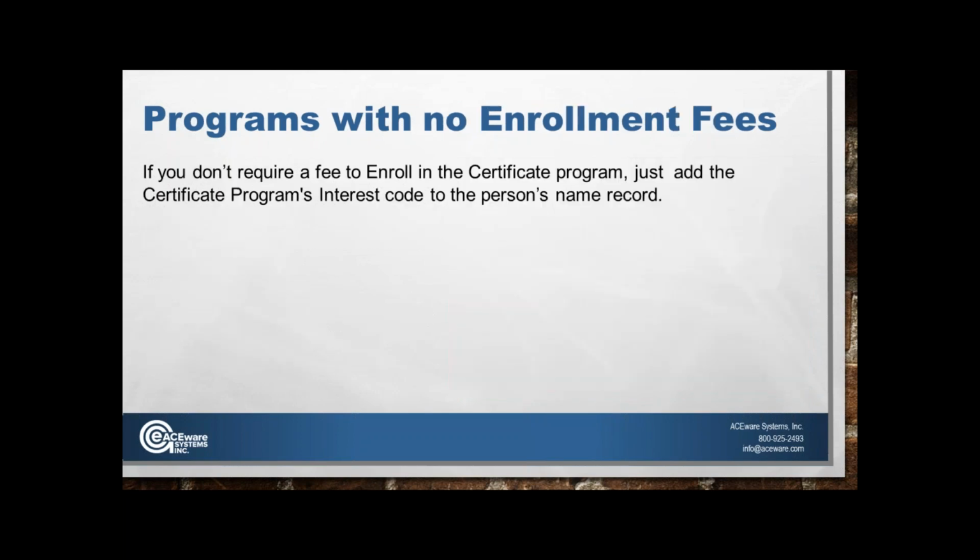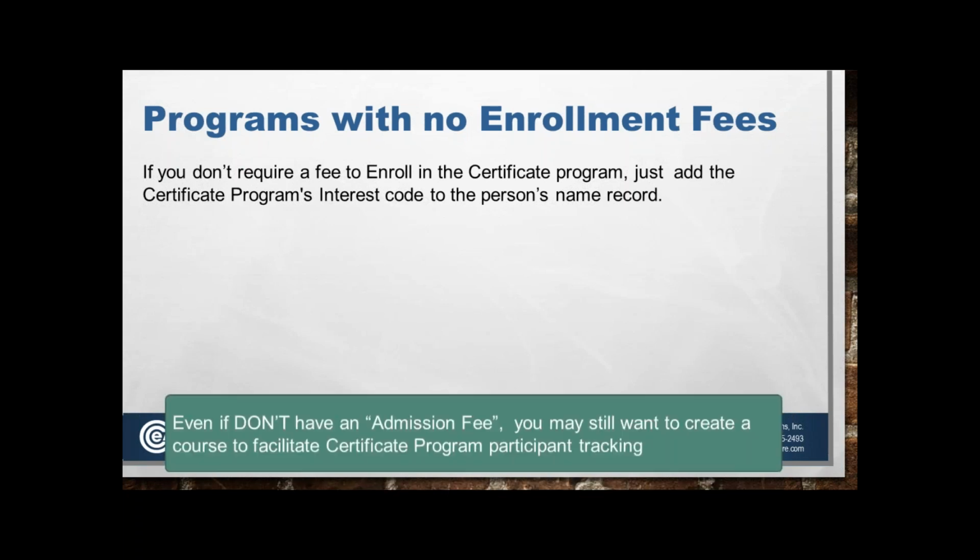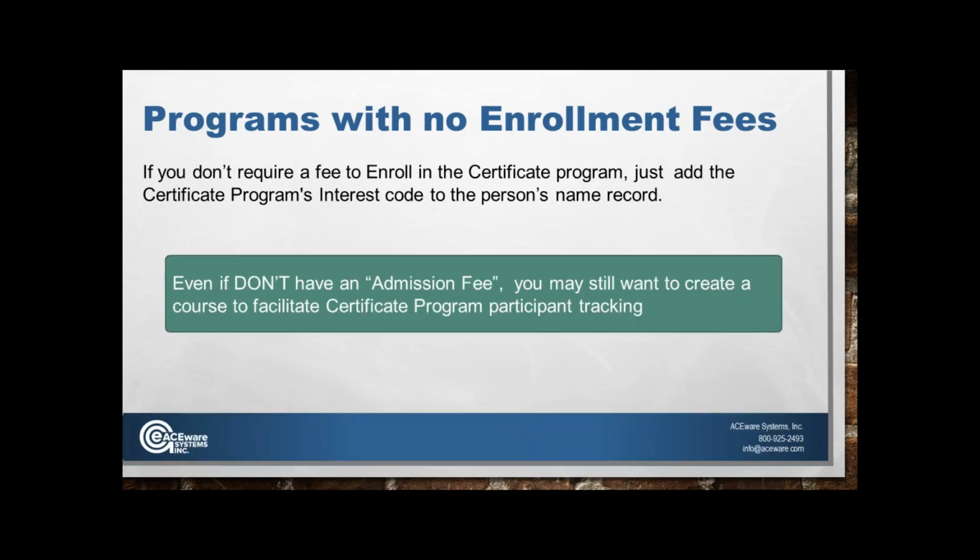If you don't have an enrollment fee to get into a course or a special application process, you could just add that person's interest code when you have an idea that they're interested in the program.